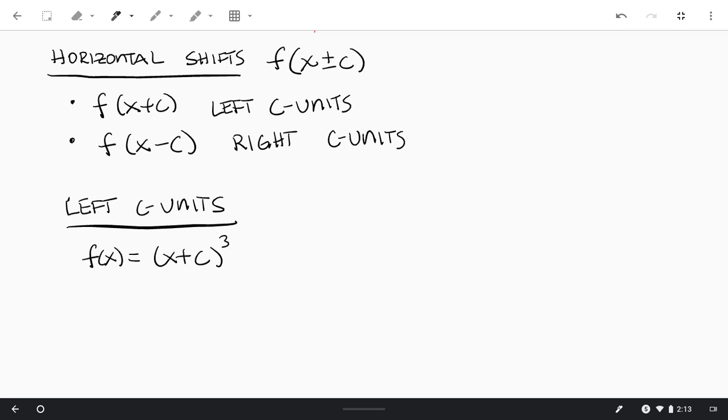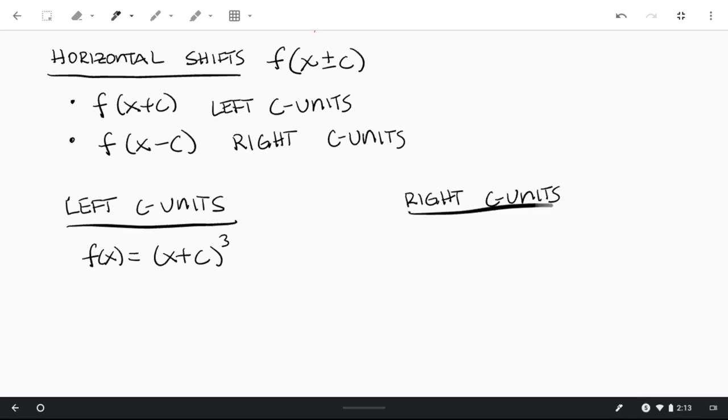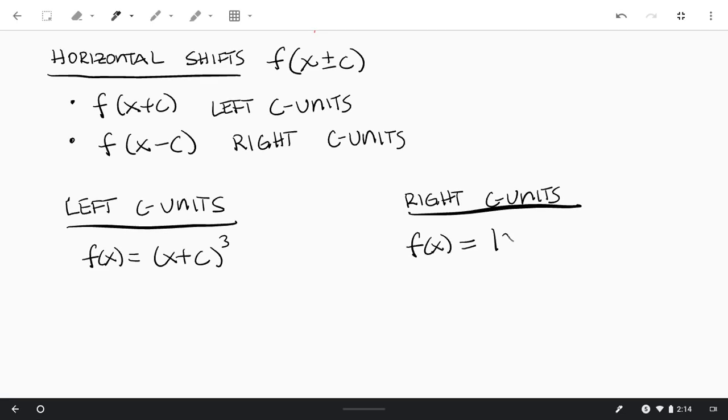I won't write it for each one, but that's what it would look like. If you're doing right c units, then that would look like this. I'll use a different one. Let's use absolute value. So x minus c.